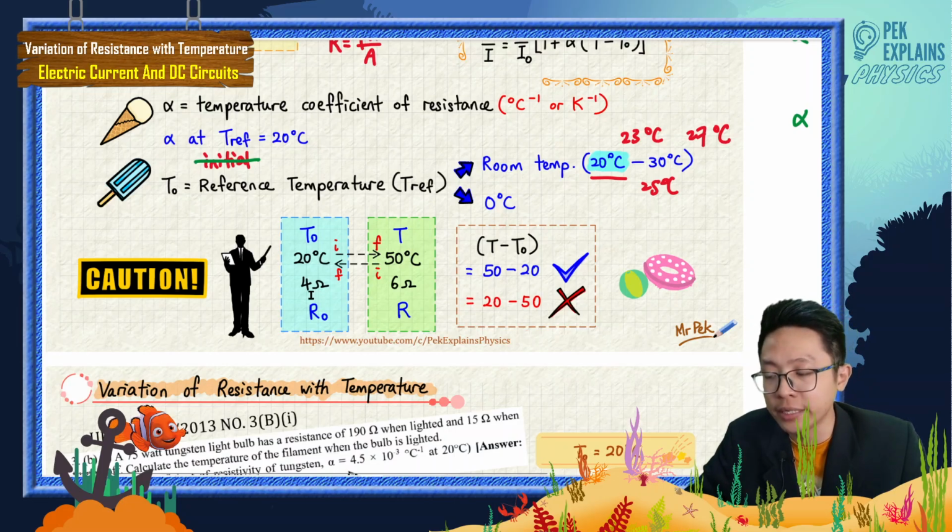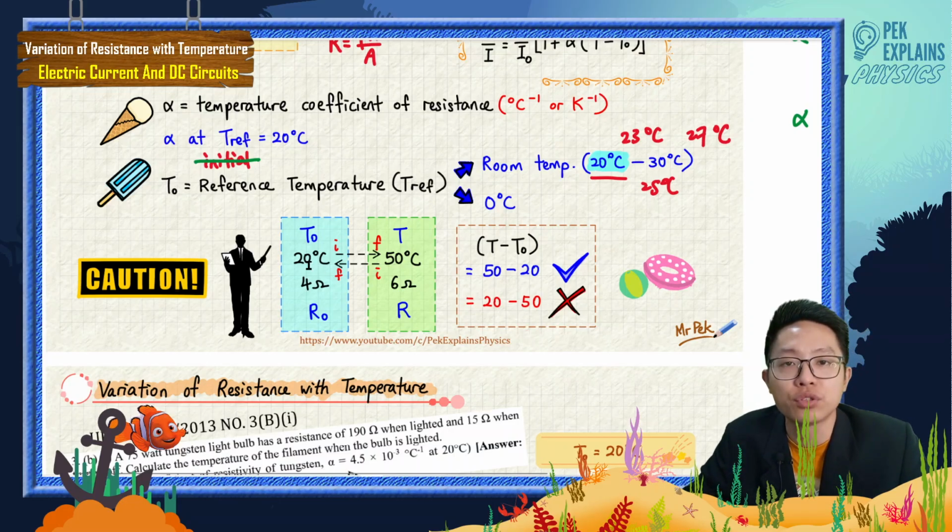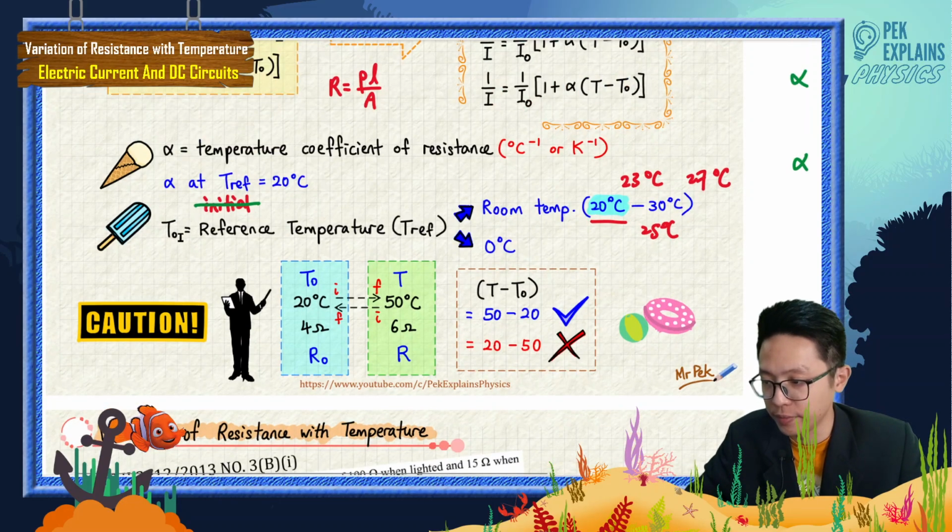And then the resistance corresponds to the temperature. At T naught, 20 degrees Celsius, the resistance is 4 ohm. So this one is the initial resistance. And at the final temperature, 50 degrees Celsius, it has 6 ohm resistance. Okay, so which one should be the reference temperature, the 20 or 50?